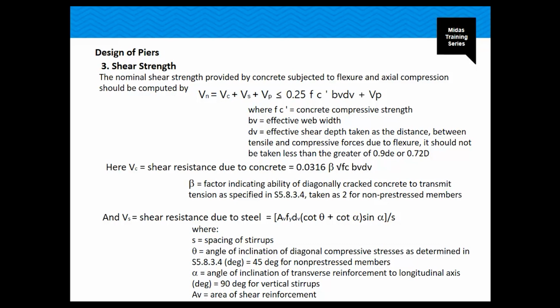And then we have the resistance of the concrete with the different factors also. We also can consider the shear resistance due to the steel that we provide for reinforcement, and then we basically add them up. The shear resistance of the concrete plus the shear resistance of the steel gives us more or less a nominal resistance.